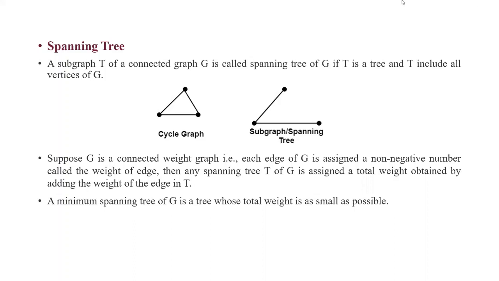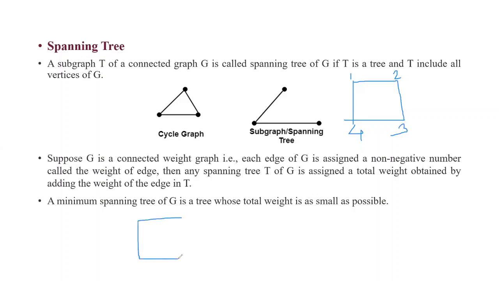See here, this is the graph, and this one is a subgraph of it, and we can say this is a spanning tree. Here it contains all the vertices 1, 2, and 3. Again, suppose we have vertices 1, 2, 3, and 4. How many spanning trees can we draw for this?